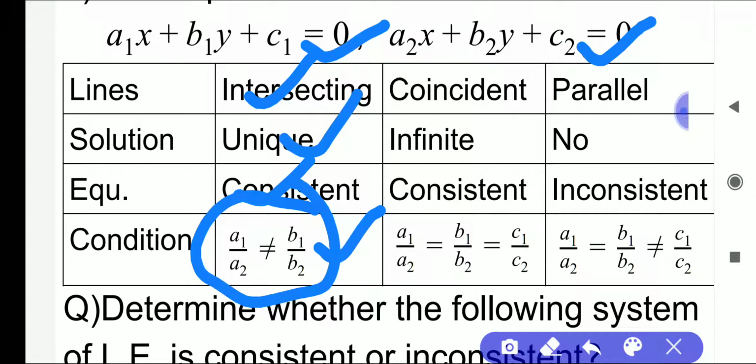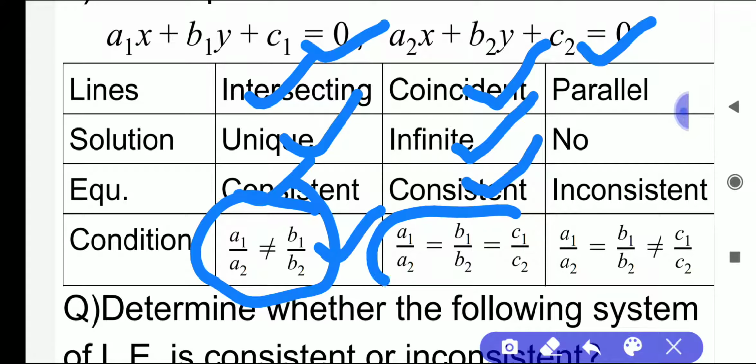Now come to the second case. Lines are coincident. When lines are coincident, then they have infinite solutions. The equations are said to be consistent because they have solutions. The condition for infinite solutions or coincident lines is a1 by a2 is equal to b1 by b2 is equal to c1 by c2.